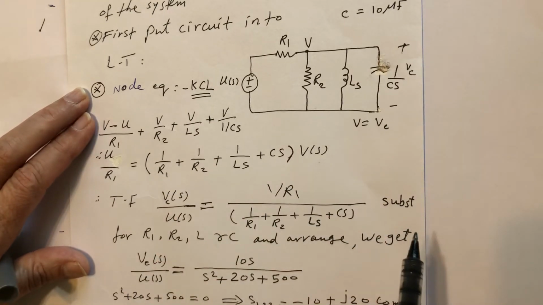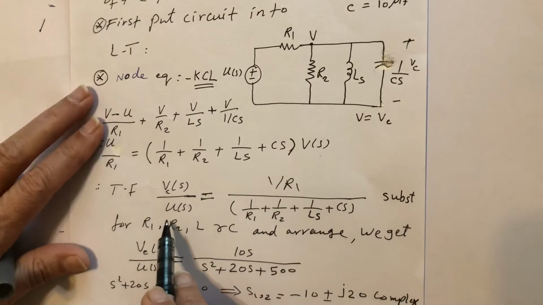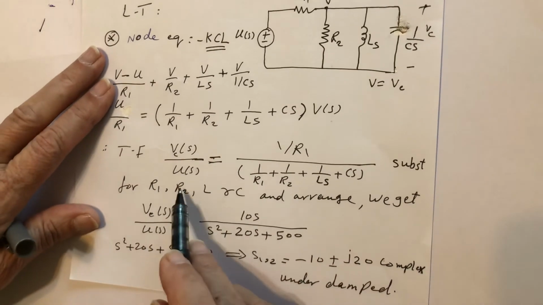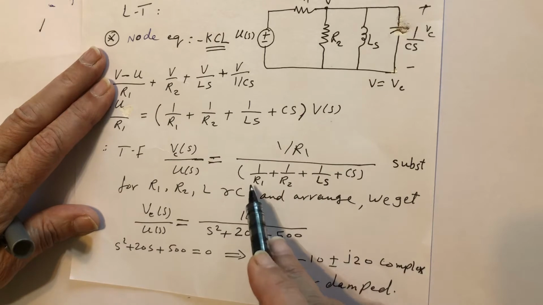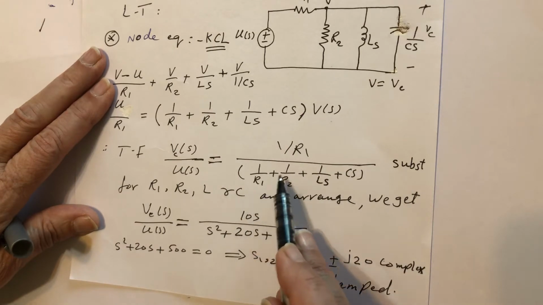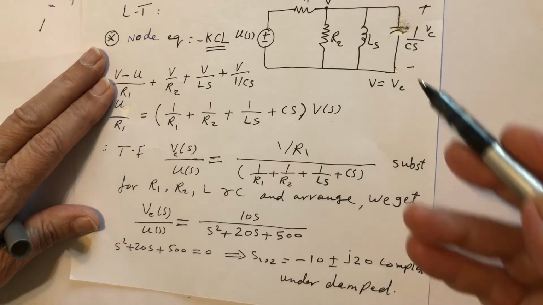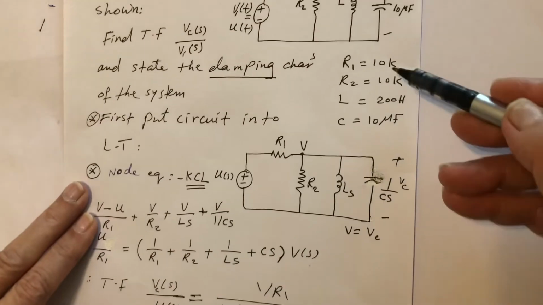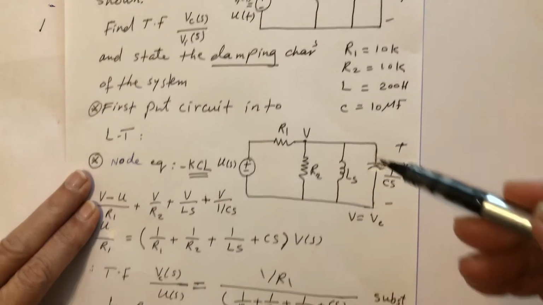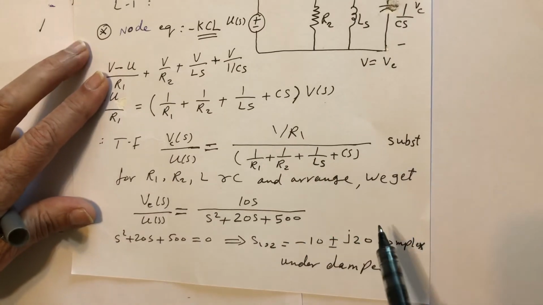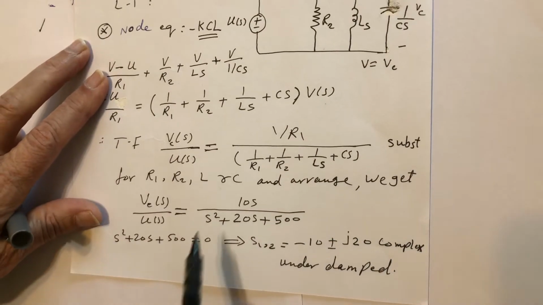So VC of S over U of S equals 1 over R1 over 1 over R1 plus 1 over R2 plus 1 over LS plus CS. Substitute the values given before, R1, R2, L, and C, and simplify. We'll get the transfer function.